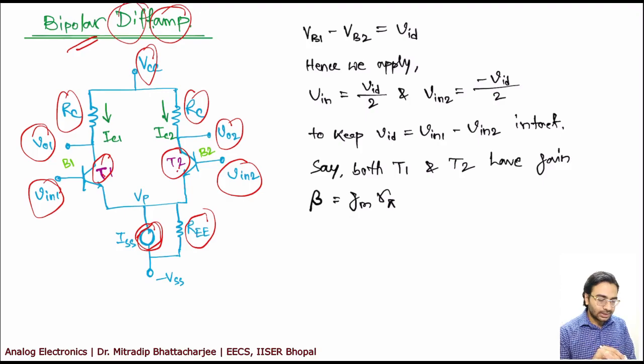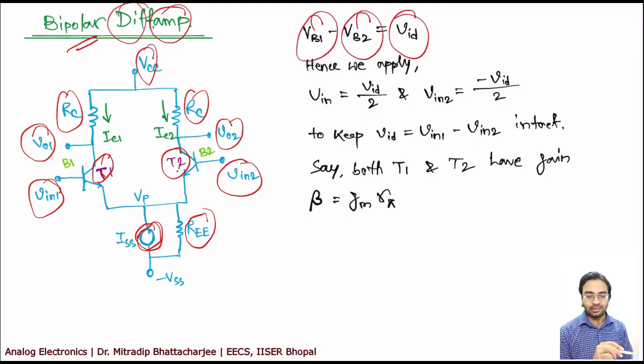Now from the circuit itself you can see your VB1 minus VB2 will be VID as usual, right? So why did I consider VB1 and VB2? Because your VP here can be considered as a ground. If you remember, for MOS we had this R05 resistance.